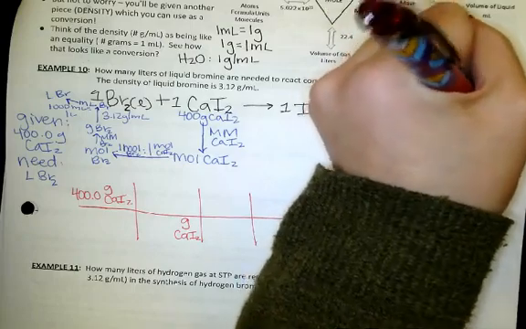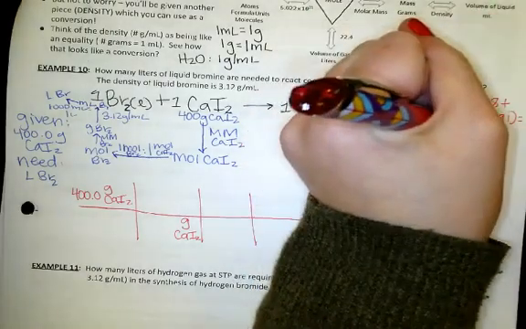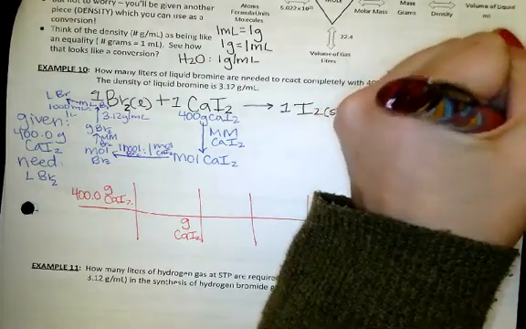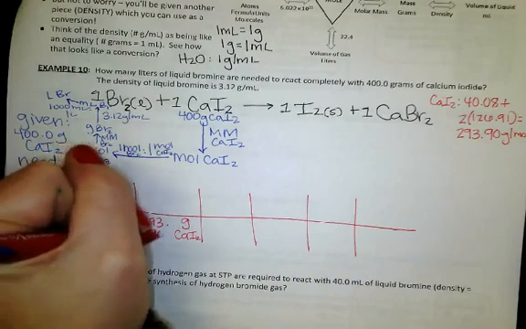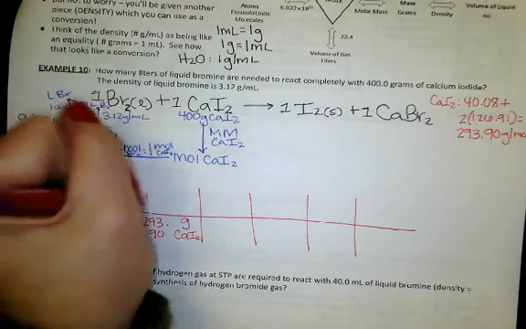So 40.08 plus 2 times 126.91. So that will give me a mass of 293.90 grams per mole. So I'm going to have 293.90, I'm going to have to squeeze it in there, grams of calcium iodide in 1 mole of calcium iodide. Okay.